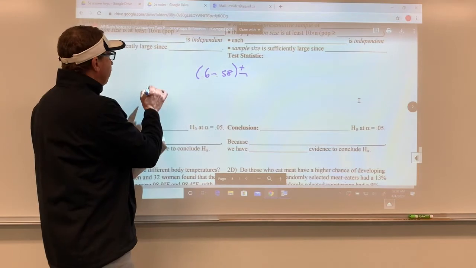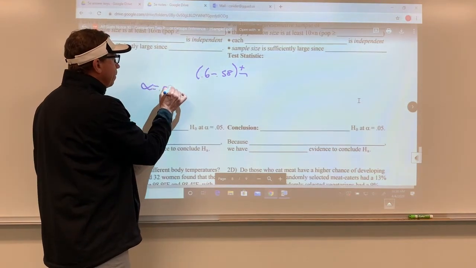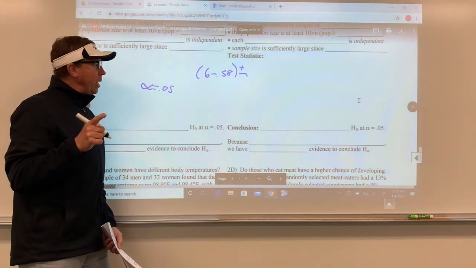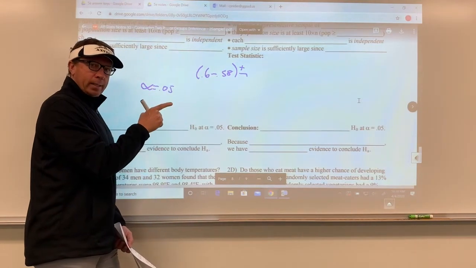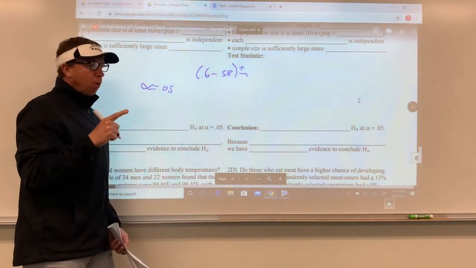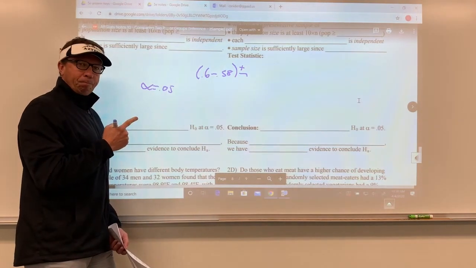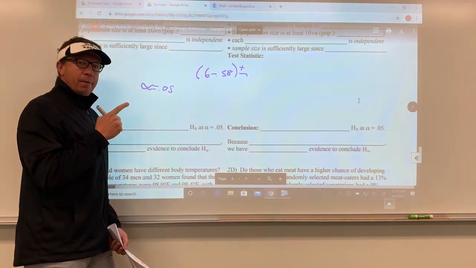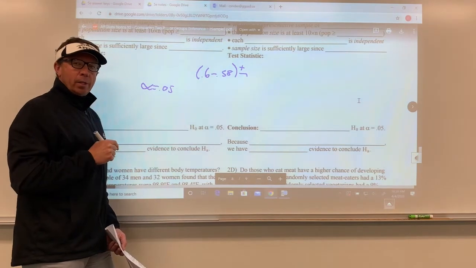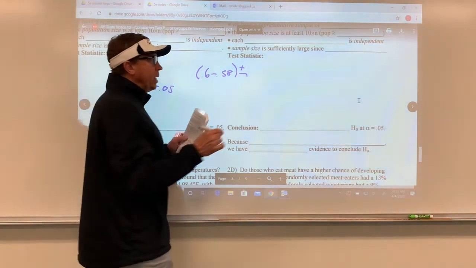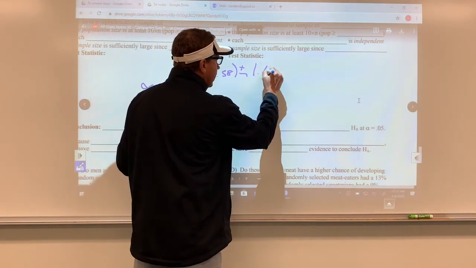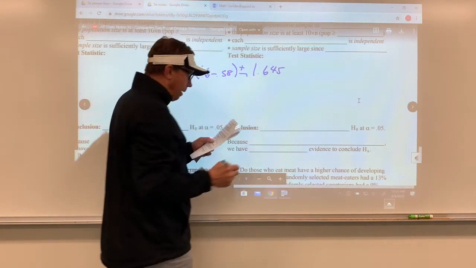So if my alpha was 0.5, this would be a 90% interval because this is a one-sided test. So I have to double 0.5 to make it two-sided, and then go 100 minus so that I can get 90%. And 90% for a z-score on the chart is 1.645, okay?